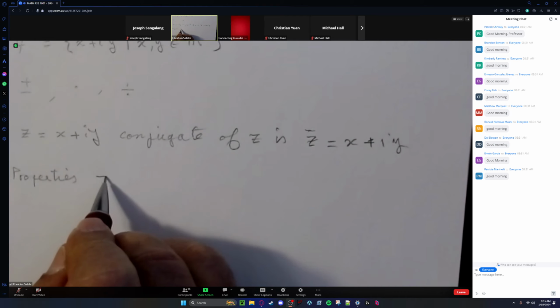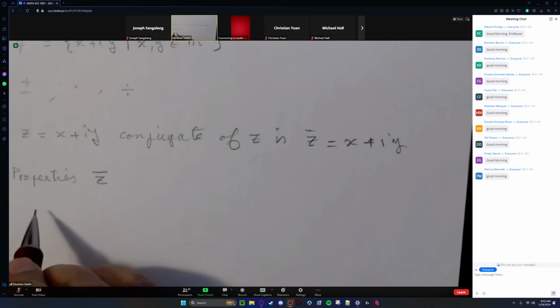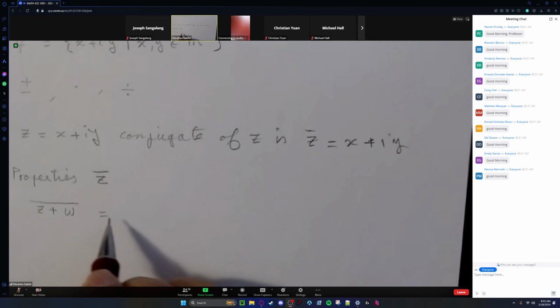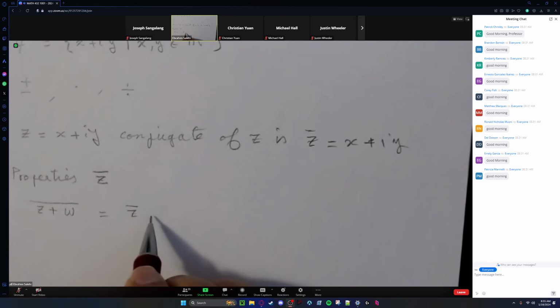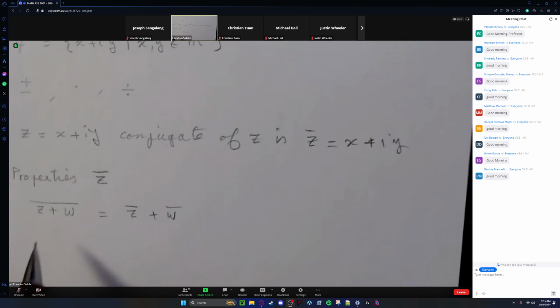The first one is if you have two complex numbers and you want to take the conjugate of the sum, it is this one plus this. So conjugate of sum is sum of conjugates.